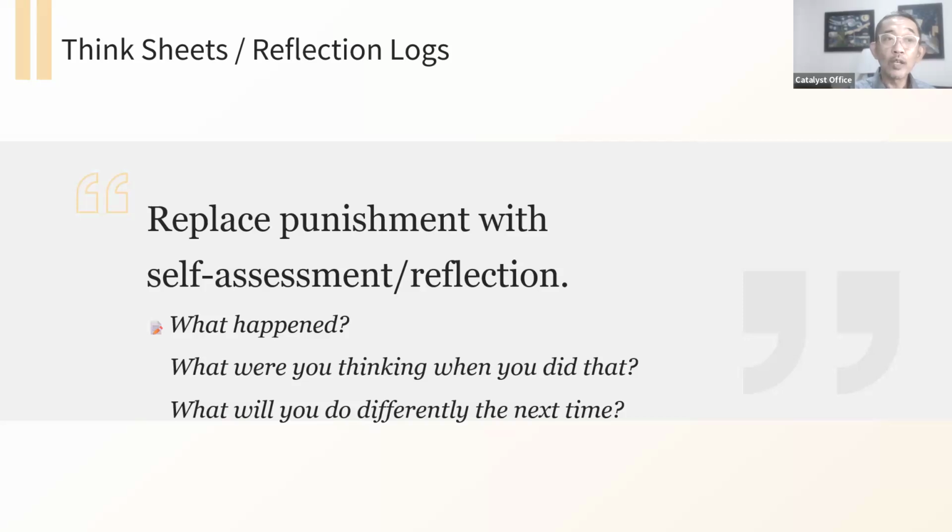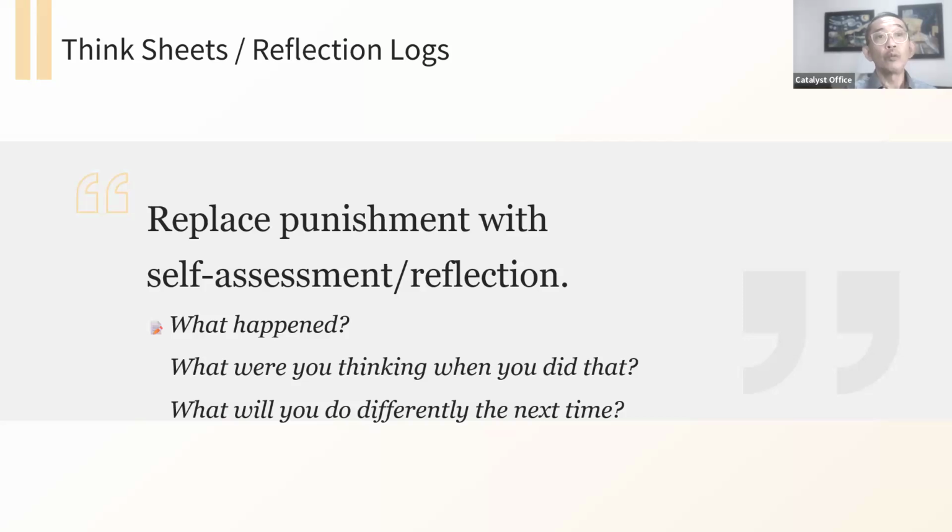From there, you will see in the reflection that perhaps you as a teacher, when you read it, you will see that perhaps you as a teacher were scaring the student. That's why the student could not reply to you. And that will also enable you to reflect on your own method of addressing the problem.